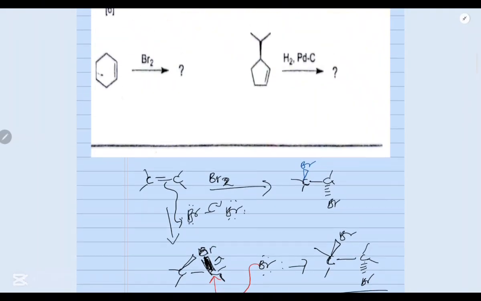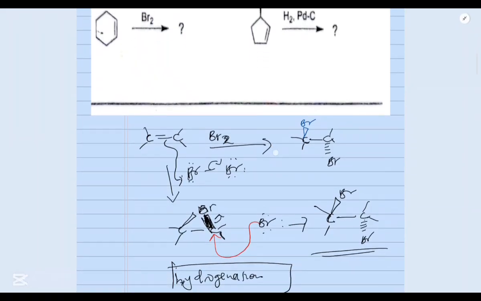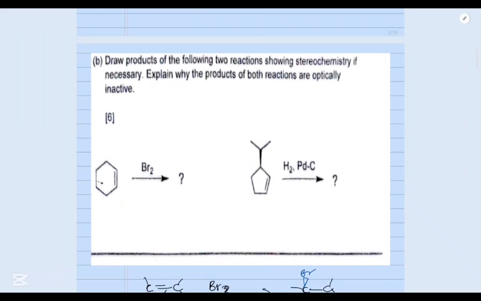So let us revisit the question here. This process of halogenation is exactly as in the first question.